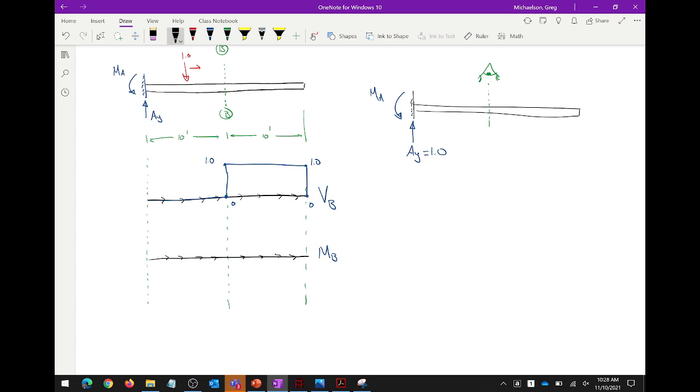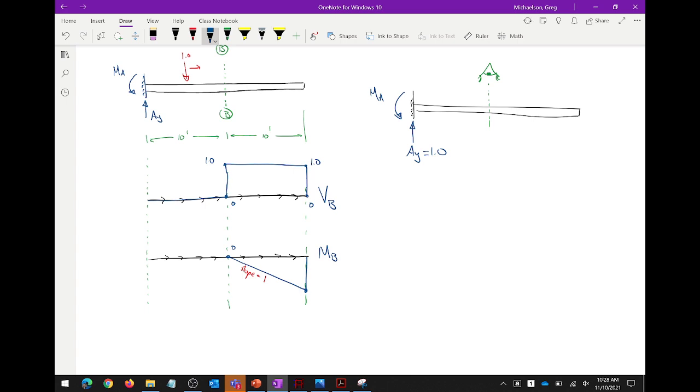That's exactly right. We install a hinge at B, and our influence line goes here to that. Hold on, to that. What's the slope of that line? 1. So if the slope of that line is 1, what's the value right here?